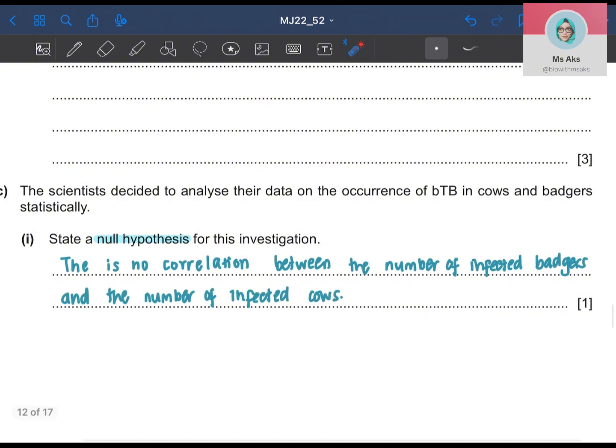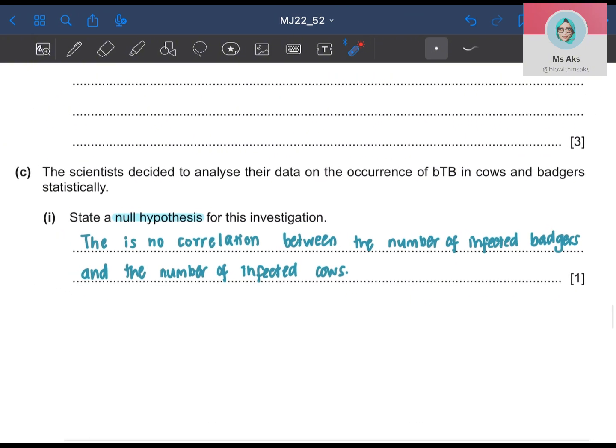Okay, just like any other null hypothesis, since we're looking at correlation or relationship, any null would be that there's no correlation or no relationship as well.